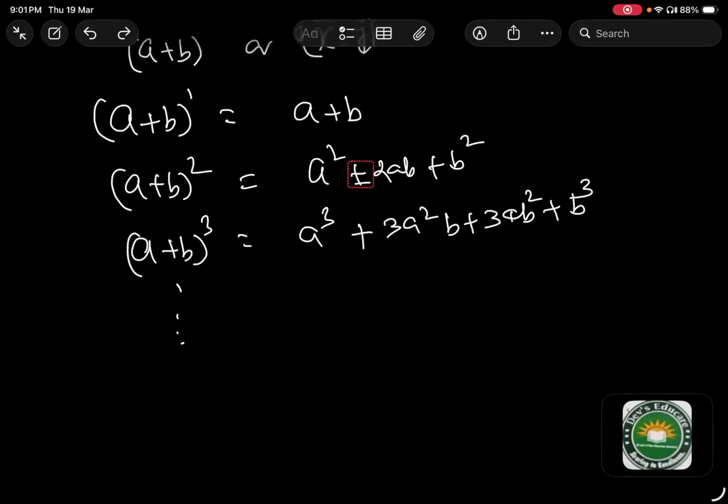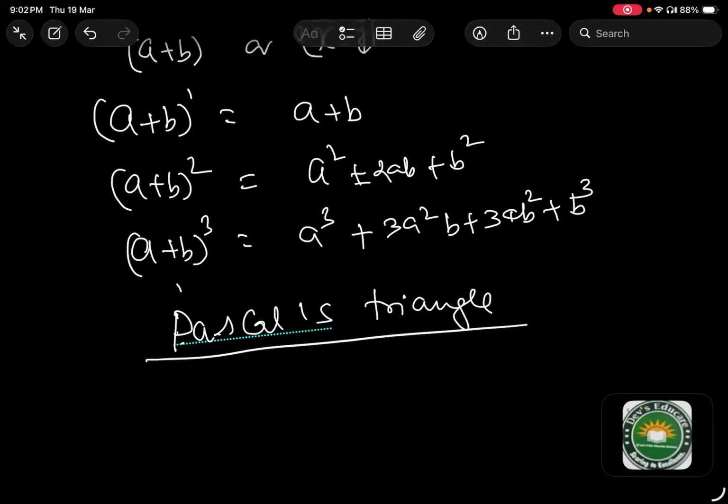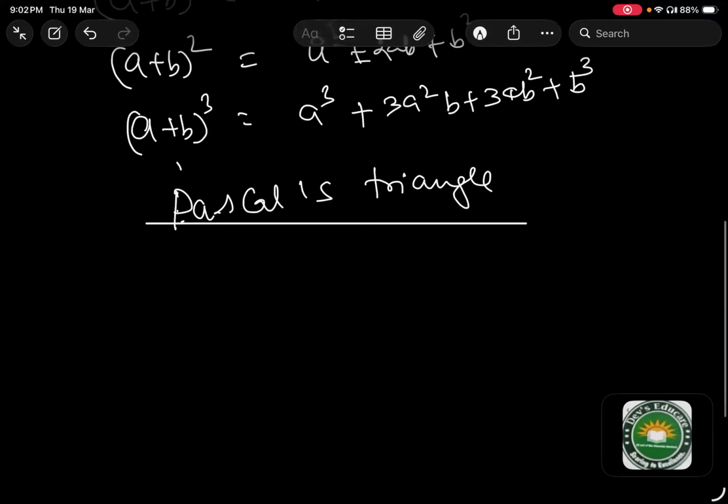Okay. So first of all, Pascal was the mathematician who identified the relationship between the indices and the coefficients. So that is known as Pascal's triangle. How does it work?